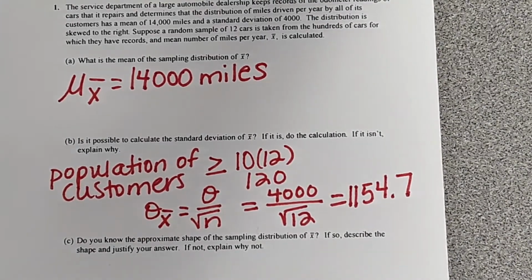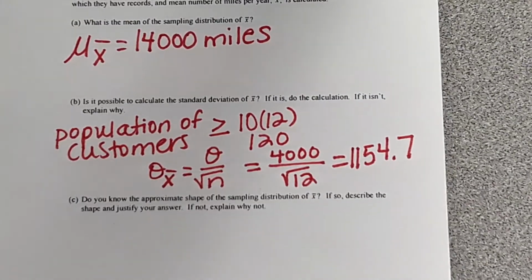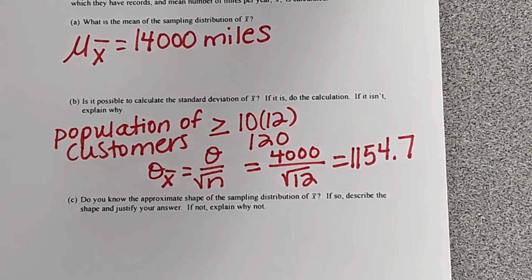Now, do you know the approximate shape of this sampling distribution? Okay, so let's talk about it. This is a mean, so CLT. Can we use CLT to prove this is normality?